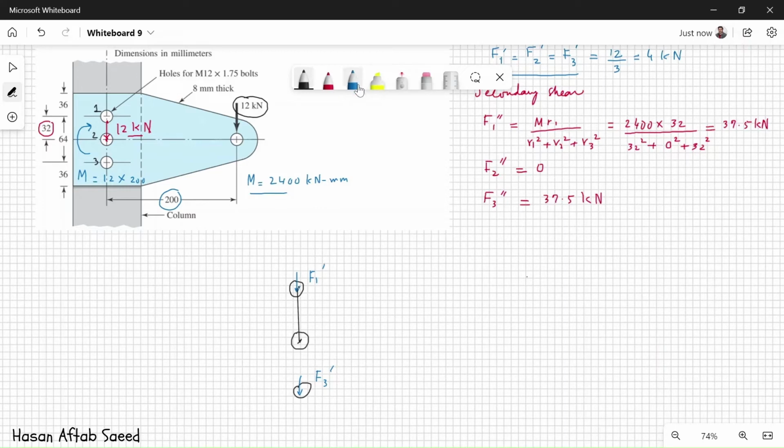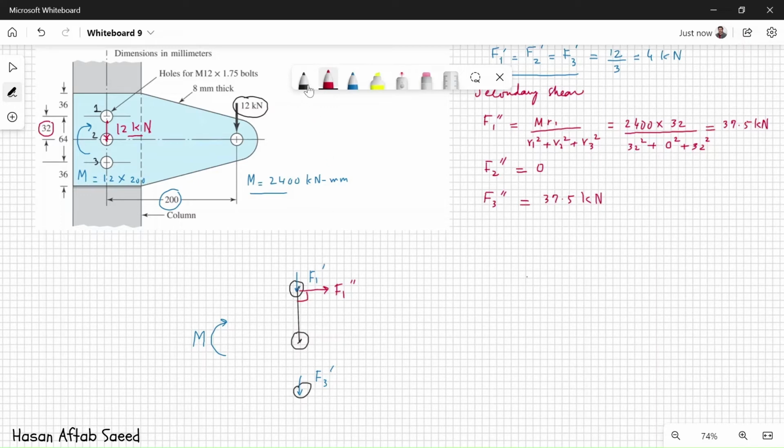Now considering that the bending moment is clockwise, therefore the F1 double prime will be at 90 degrees to this line that joins the centroid of the bolt group to the center of bolt 1.